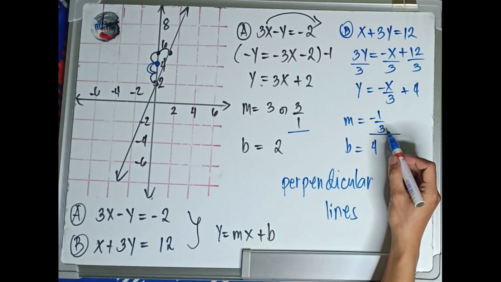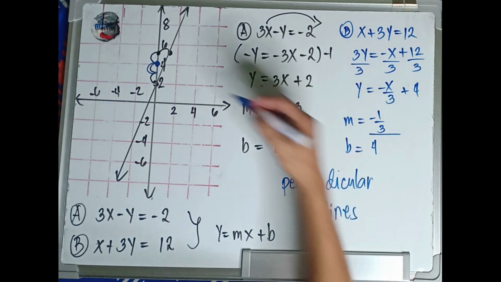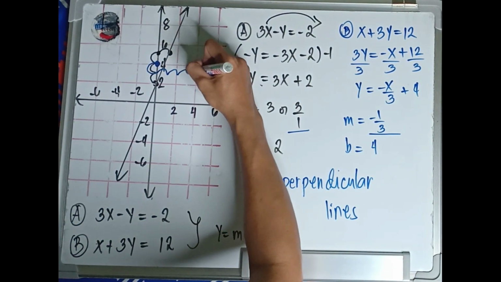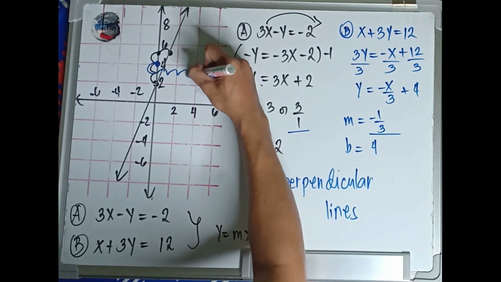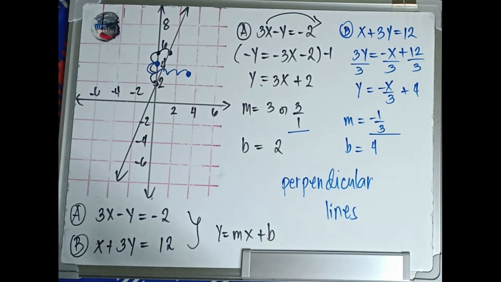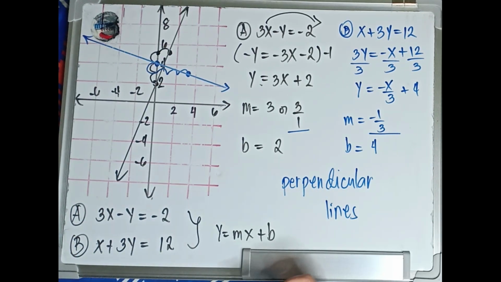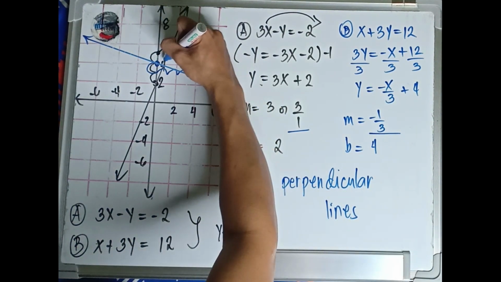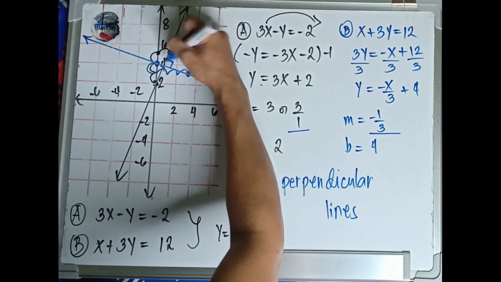And then we move to the right 3 times because our run is positive 3: 1, 2, 3. Then let us connect the 2 points. So that will be the graph of the two given equations. When we say perpendicular lines, they form a right angle.